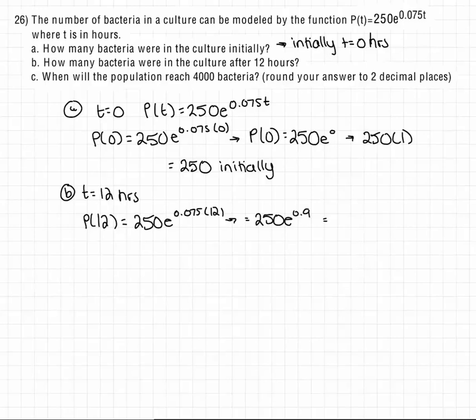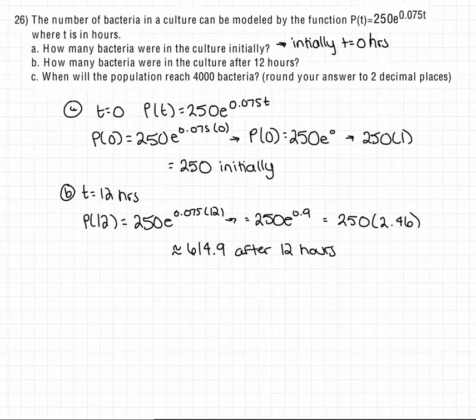And when you plug e raised to the power of 0.9 into your calculator, you get 250 times approximately 2.46. When you completely solve that, you get that there is approximately 614.9 bacteria after 12 hours.